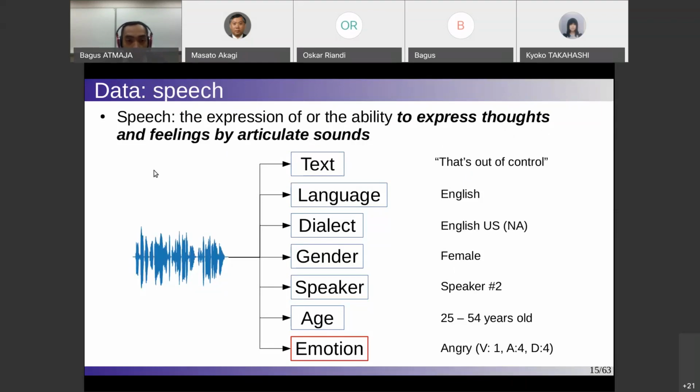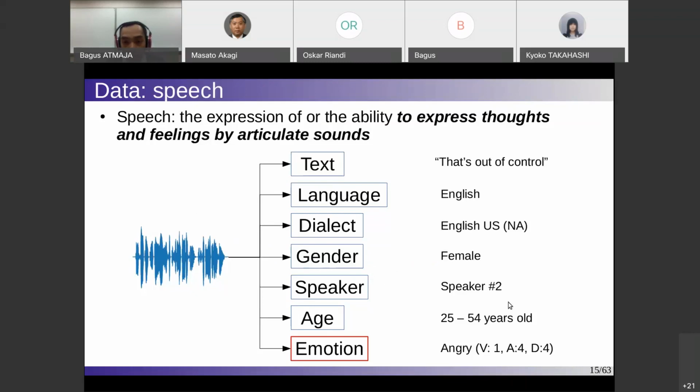For example, using ASR, we can obtain the text transcription. For example, this speech is transcribed into "that's out of control." And then we also obtain the language information. The language here is English. And then the dialect here is US English. And then also the gender. We can recognize the gender of the speech. Gender is female here. And also we can find the speaker who speaks this speech.